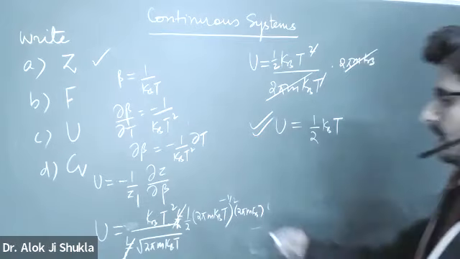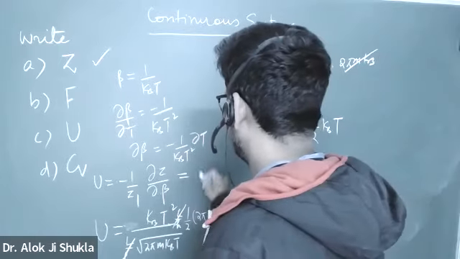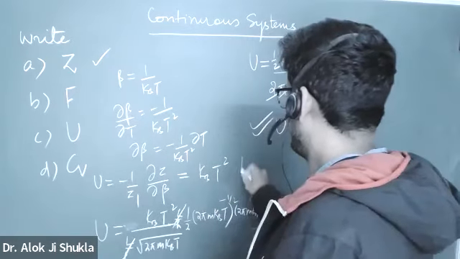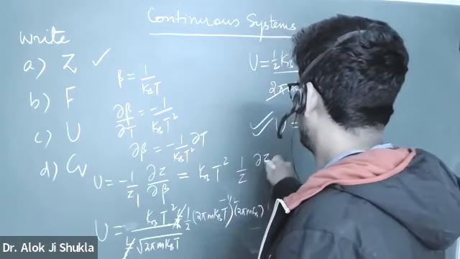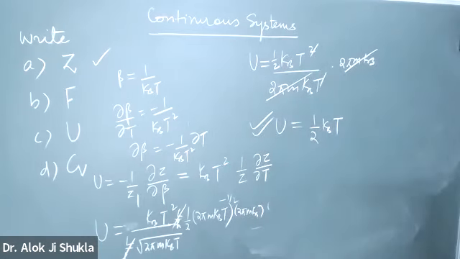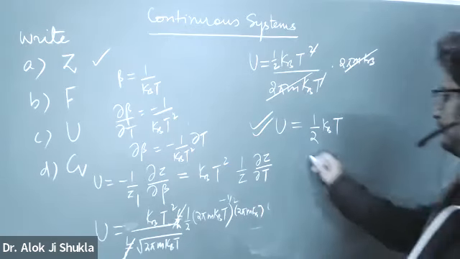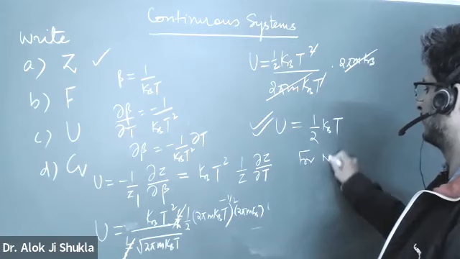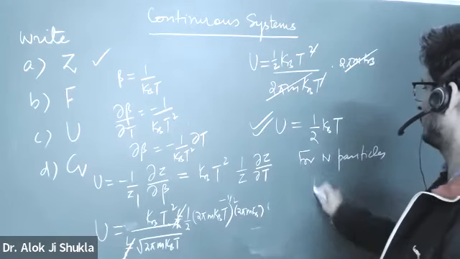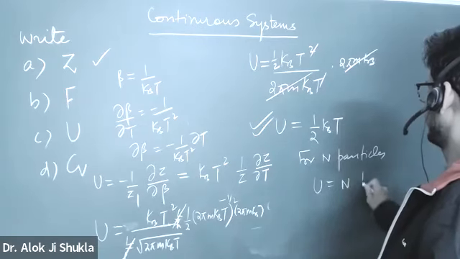तो U के दोनों फॉर्मूले याद रखना है. One of this is this, another one is kBT square 1 by Z ∂Z by ∂T. Okay. For N particles, U will be equal to N into half kBT.